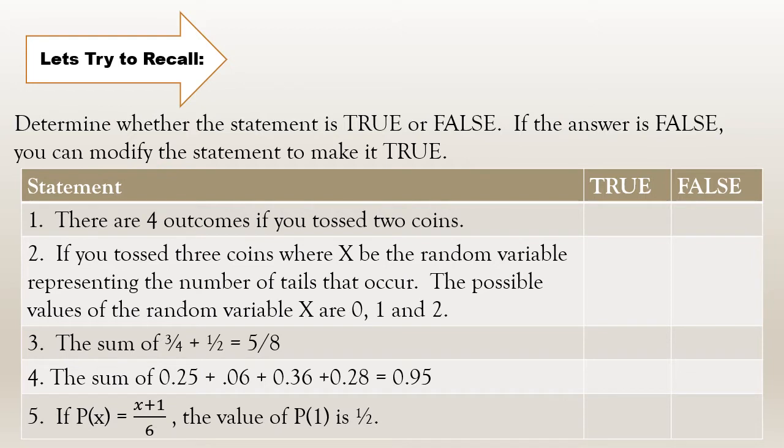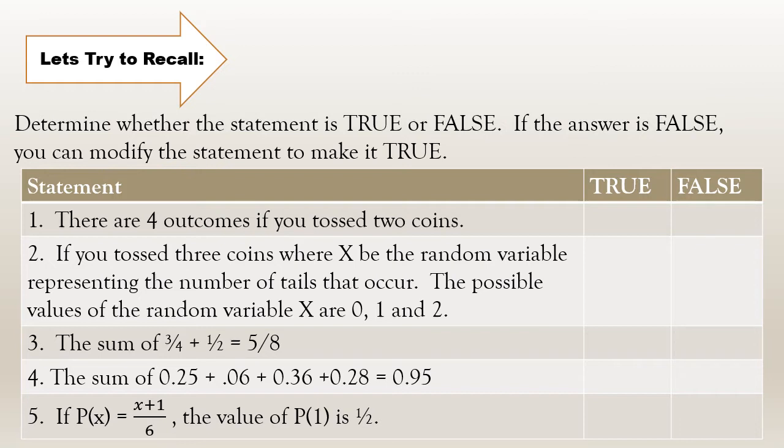So, mga statement natin, number 1, there are 4 outcomes if you toss 2 coins. True or false? Number 2, if you toss 3 coins, where x be the random variable, representing the number of tails that occur, the possible values of the random variable x are 0, 1, and 2.